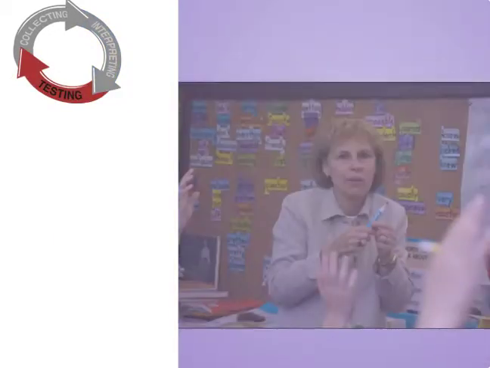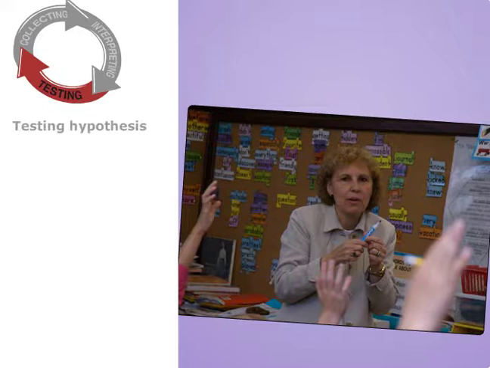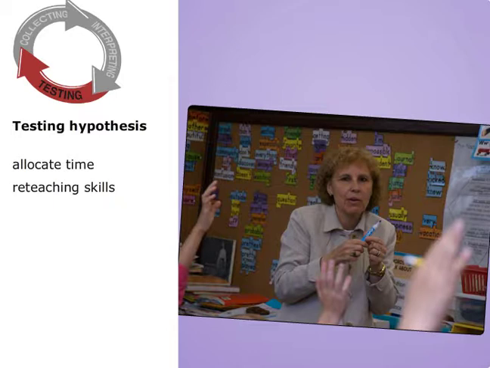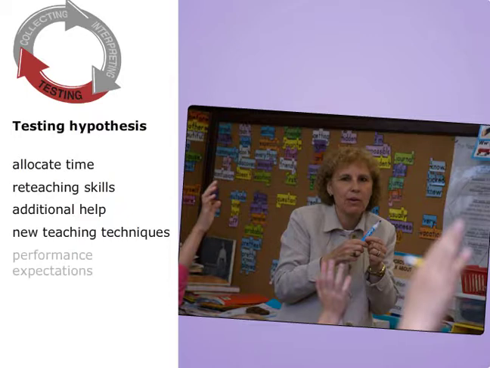Once hypotheses about instructional changes have been formed, they need to be tested. Common strategies include allocating more time for instruction in essential skills, reteaching or pre-teaching skills that seem challenging for students to grasp, providing additional help with particular skills to individual students, implementing different teaching techniques for challenging subjects, aligning performance expectations across classrooms or grade levels, and improving curriculum alignment.